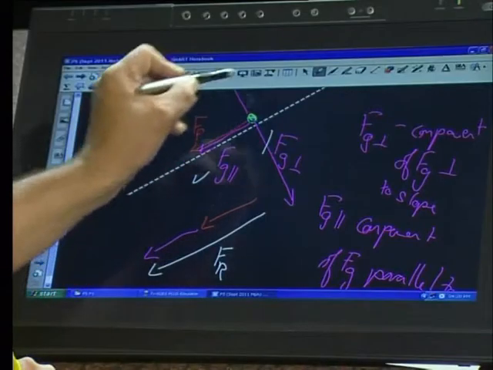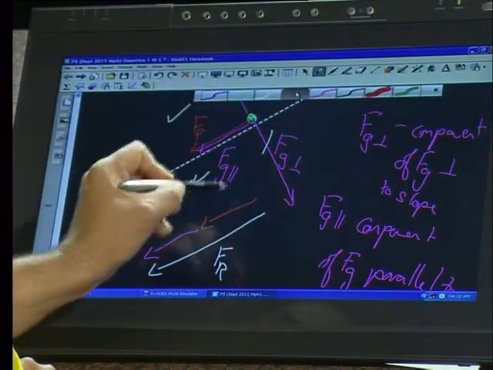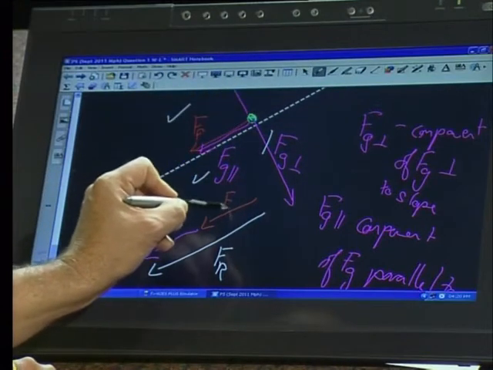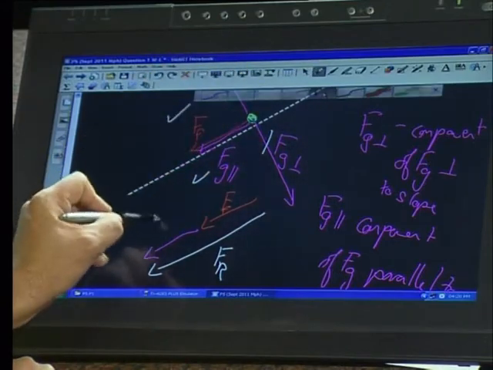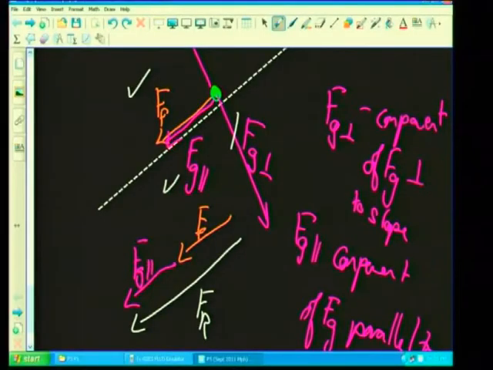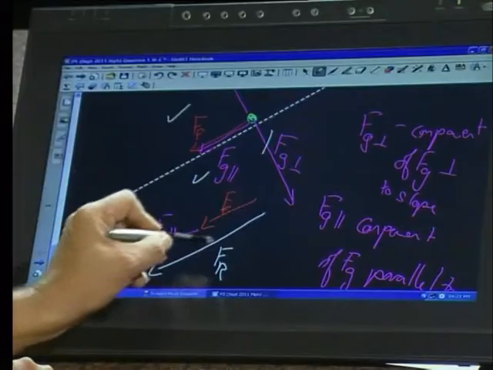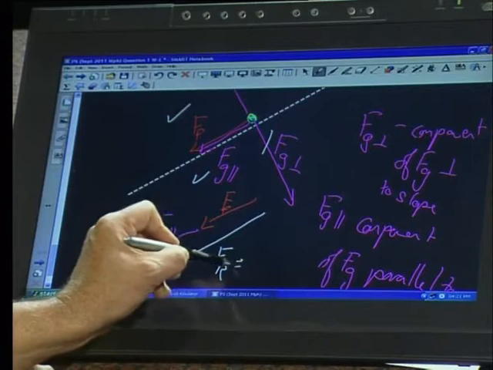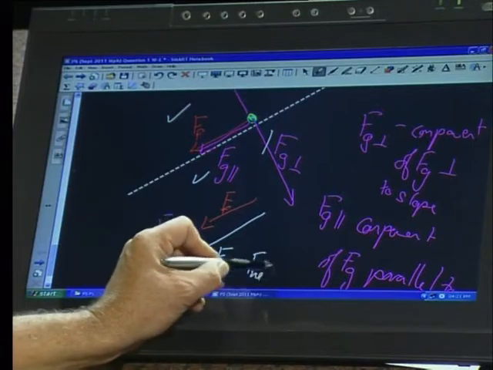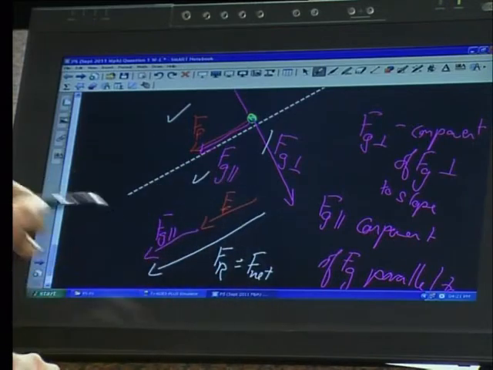So it's like saying, let's take the frictional force, because they're in the same direction, and the component parallel, and we're going to add them together to give us our net force. I sometimes put it as FR, which is resultant, but you could easily say that's F net. Please understand what resultant is.